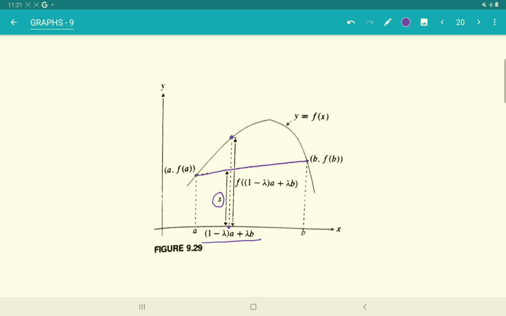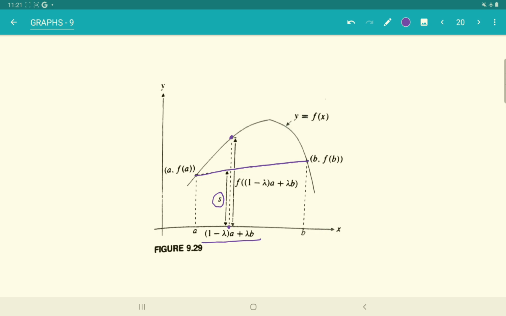This line segment joins a, f of a and b, f of b. That just means s has to be either equal to f of 1 minus lambda a plus lambda b, or less than that.